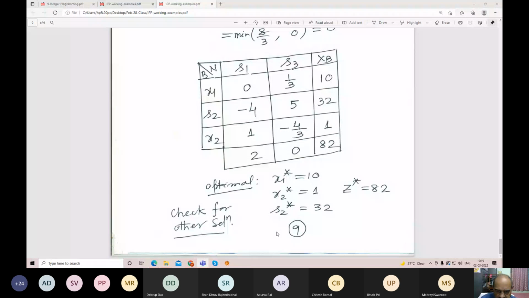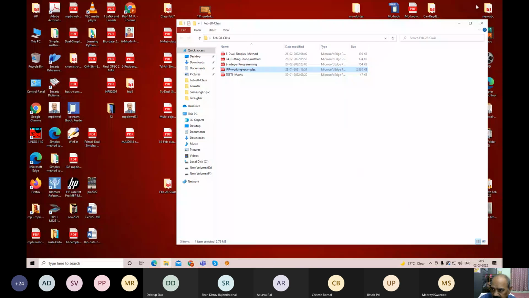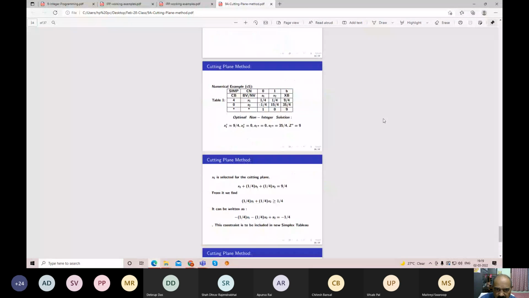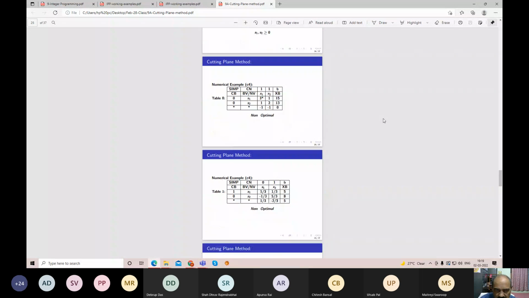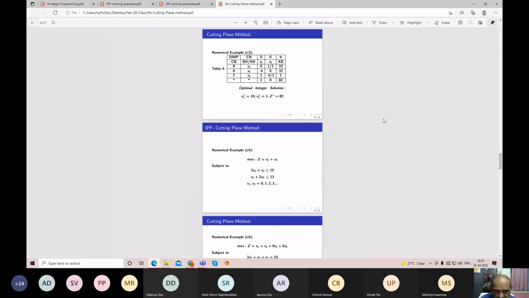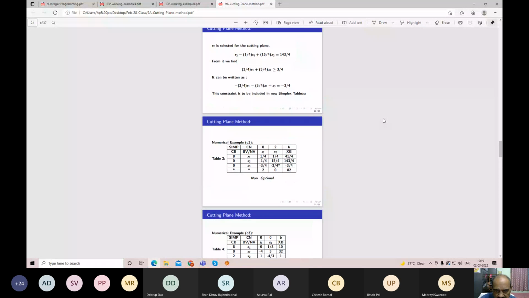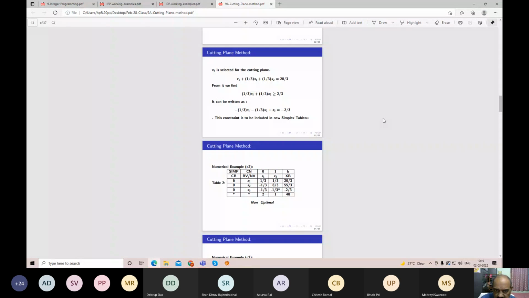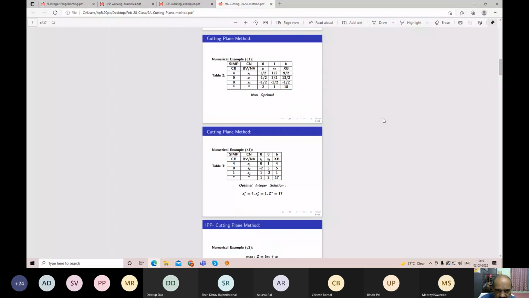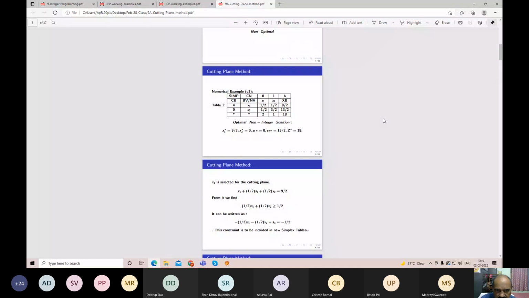This is the last slide. We also have more problems, and I have already put them in slide form. Please try yourself and check that everything is right. Some are repetitions already there in this problem sheet. There are 5 problems, C1, C2 up to C5.